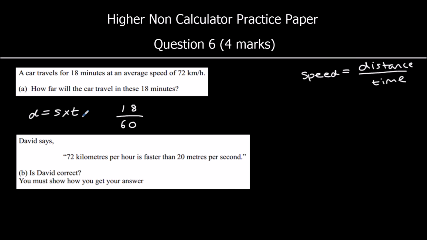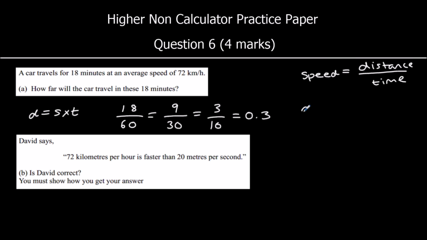So I'm going to have 72 times 18/60ths, but I can simplify this fraction to make the calculation easier. So half top and bottom, 9/30ths, divide by 3, 3/10ths, and it's probably easiest to write it as a decimal, which is 0.3.